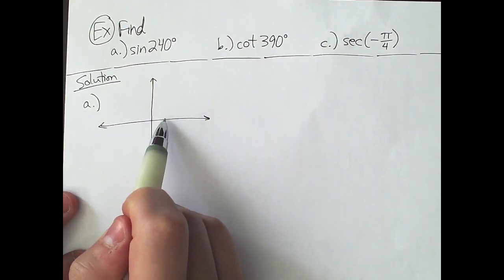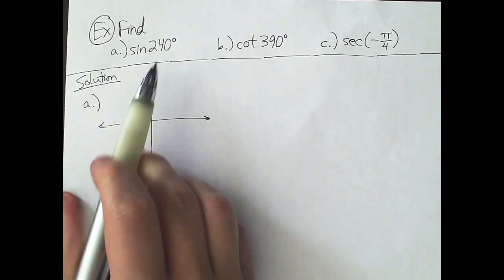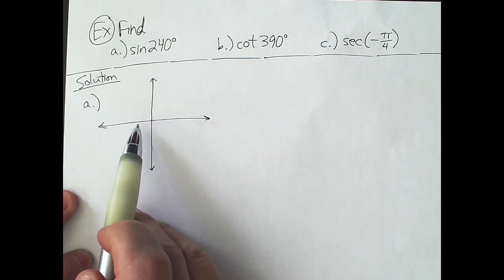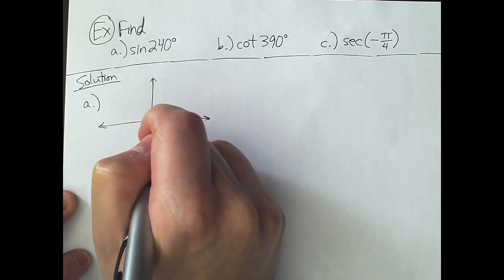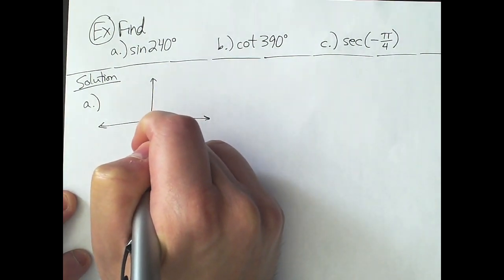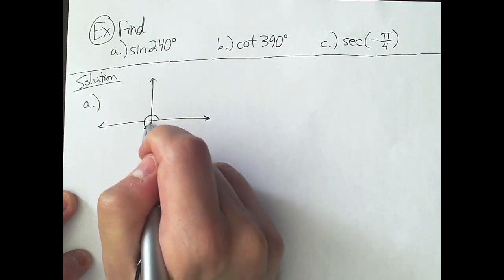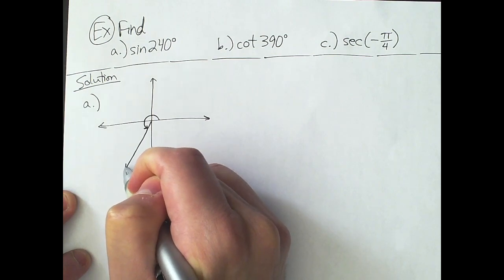That means going halfway around is 180. We want to go 240. So we want to go 180 degrees plus 60 more. So I'm going to draw this to be 180 plus about 60 more. And that puts a ray pointed something like this.